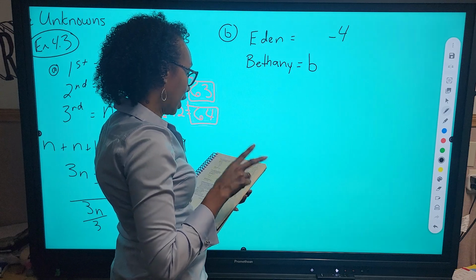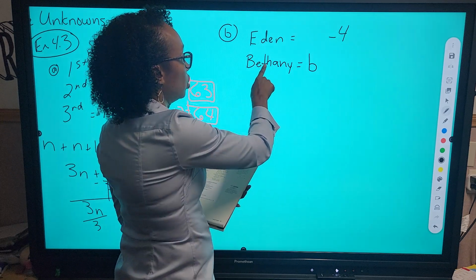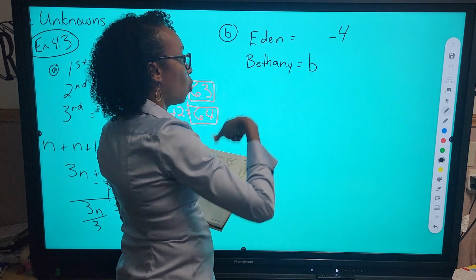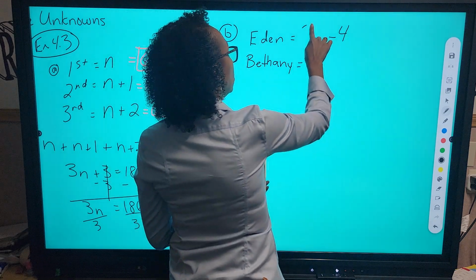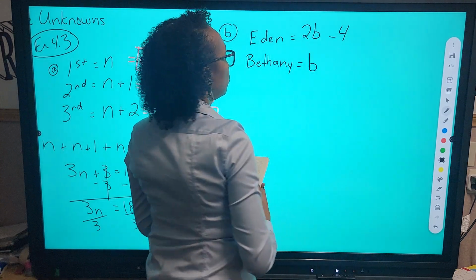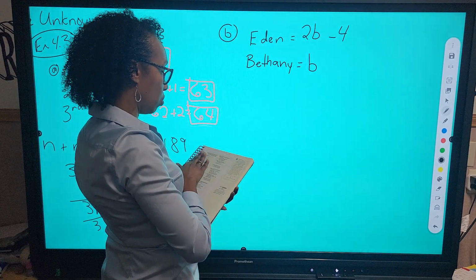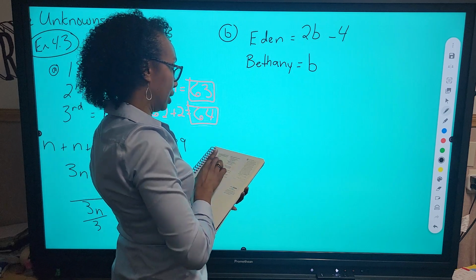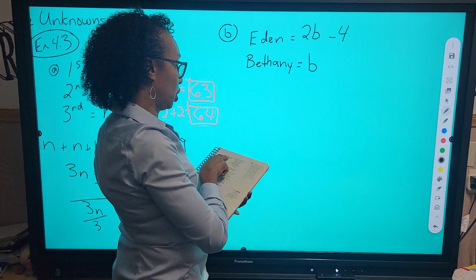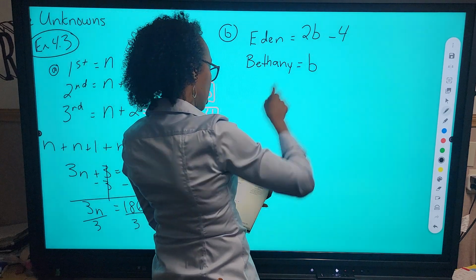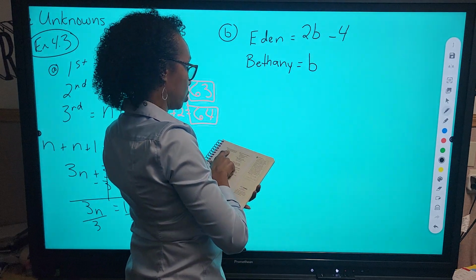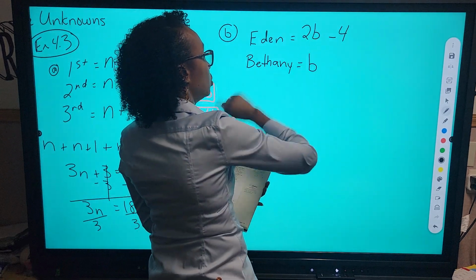So twice the age of her sister, Bethany, well, we're using B for Bethany. Twice the age of Bethany would be 2B. So now I usually go back and reread just to make sure that it makes sense. Eden is 4 years younger, minus 4, than twice the age of her sister Bethany. Twice Bethany would be 2B.